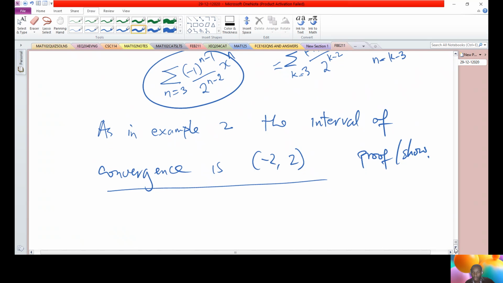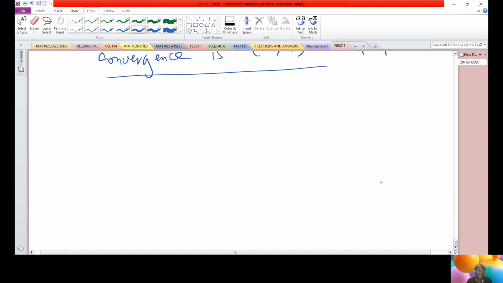So let's have another theorem here on how to differentiate and integrate a power series. Theorem 2.